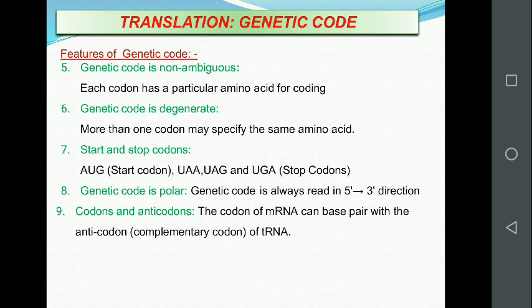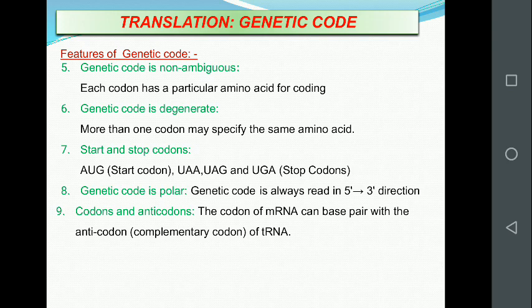That is why a codon like UUU, which codes for phenylalanine, always codes for phenylalanine in every organism. So there is no ambiguity and no confusion in the genetic code.